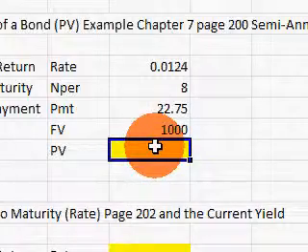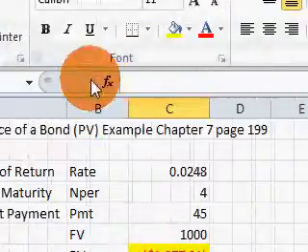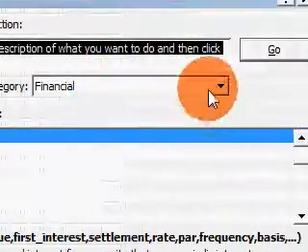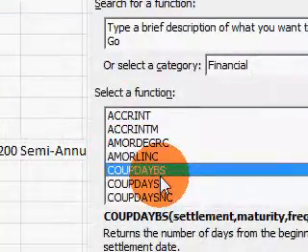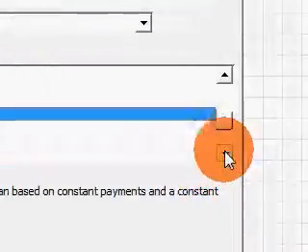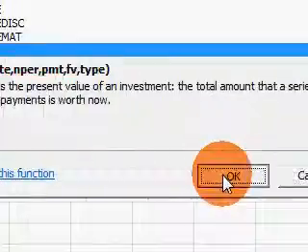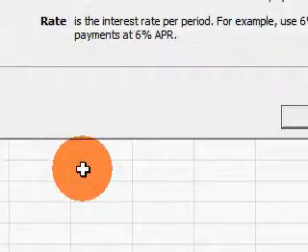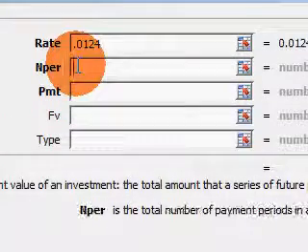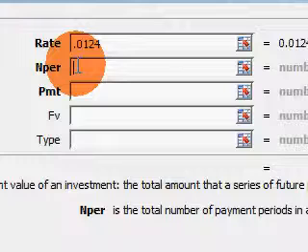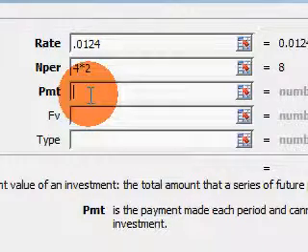Okay, now to calculate the present value. So do f of x under financial, type the letter P, gets us close to it. Put present value, hit OK. The rate, I'm going to put in as 0.0124. Number of periods, I need to double it. So if I say 4 times 2, 4 years, but semi-annual.